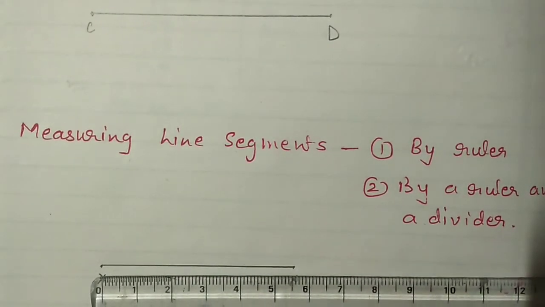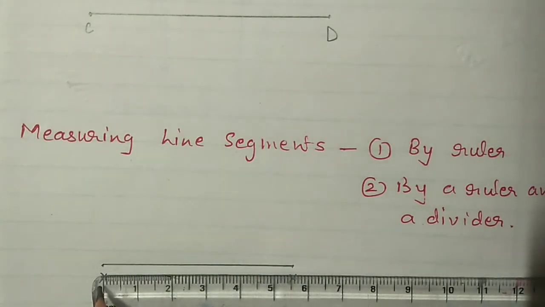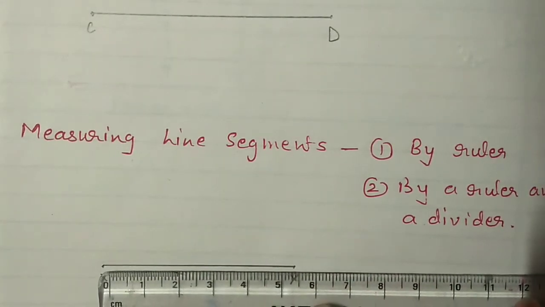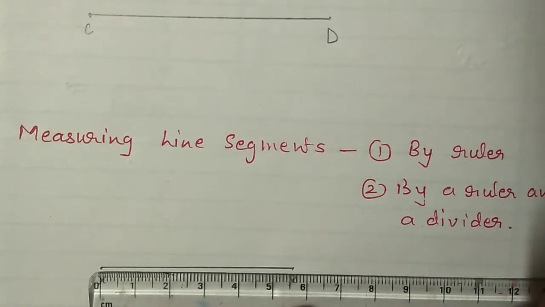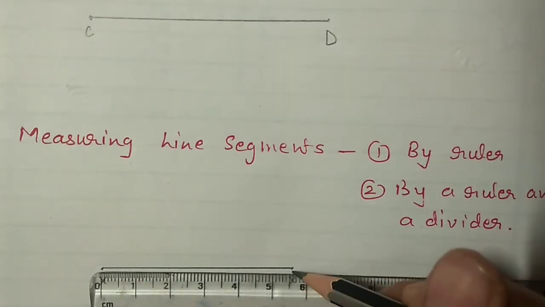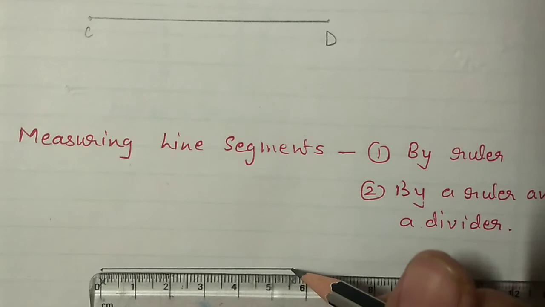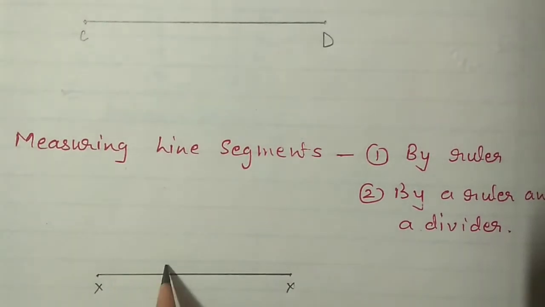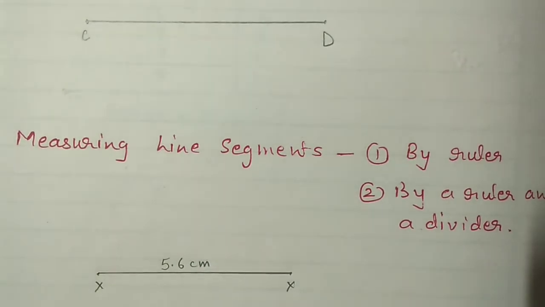Always remember the starting point should match with this 0. You should not keep your scale like this. This 0 you have to match with the starting point, and now you can see the ending point. So this ending point is coming at 5.6. So the length of this line segment is 5.6 centimeters.